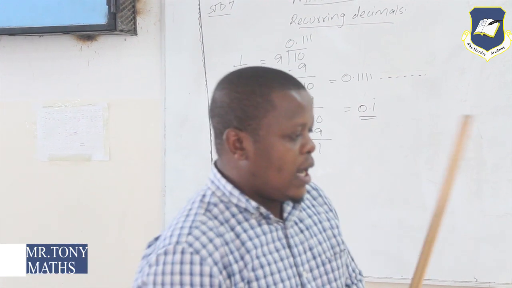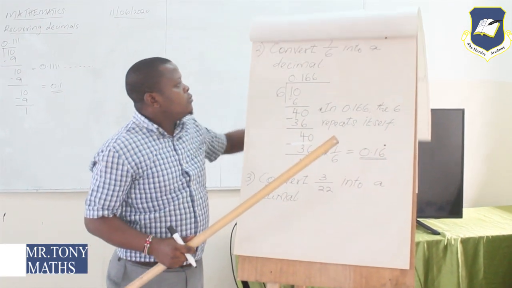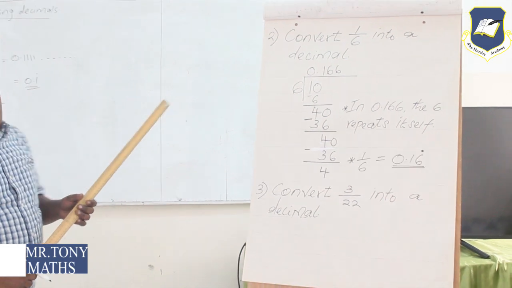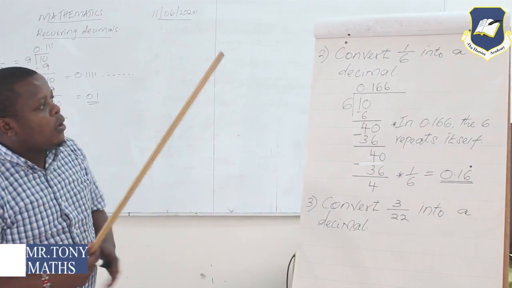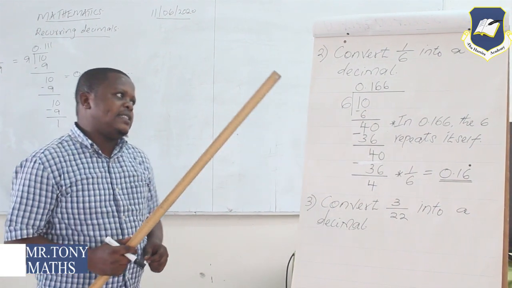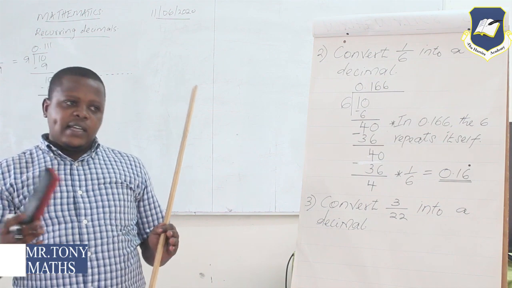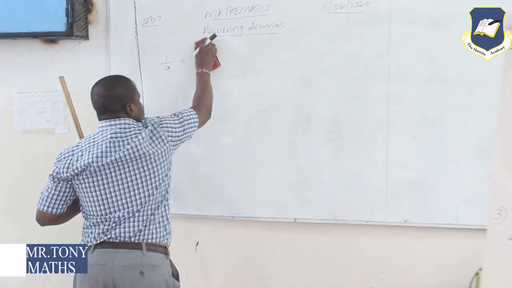Let's move on to our example number 2. Example number 2 says, convert 1/6 into a decimal. Just the same case as example 1. We're told convert 1/6 into a decimal.